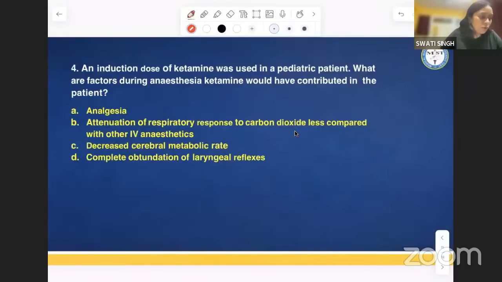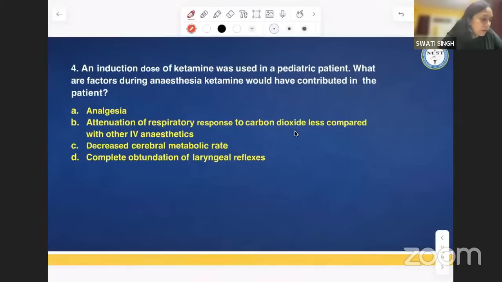An induction dose of ketamine was used in a pediatric patient. What are the factors during anesthesia with ketamine which would have contributed? I mean, they are asking which is the true thing about ketamine. First option is analgesia.